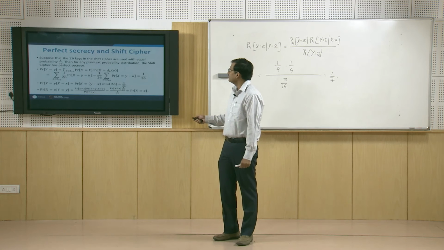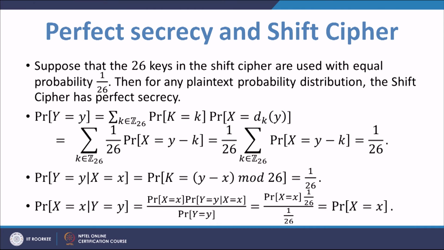Now let us read. Suppose that the 26 keys in the shift cipher are used with equal probability 1 by 26, then for any plaintext probability distribution the shift cipher has perfect secrecy. How do we prove that?